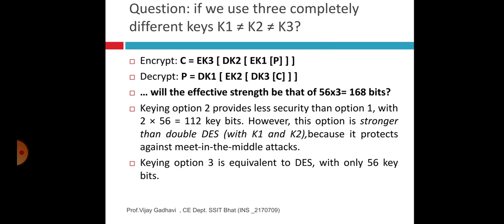Option 2 provides less security than option 1, with 112 key bits. However, this option is stronger than double DES because it protects against the meet-in-the-middle attack. Keying option 3 is equivalent to DES with only 56 key bits.